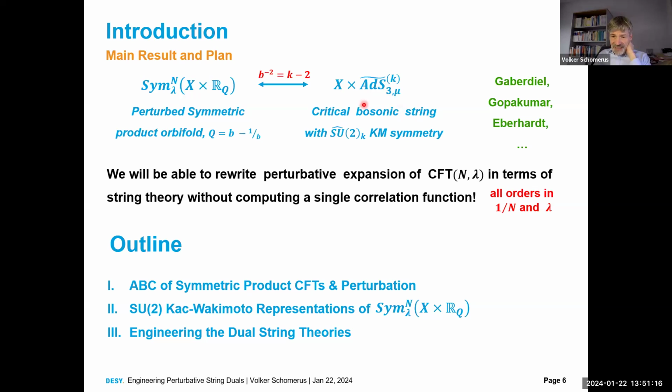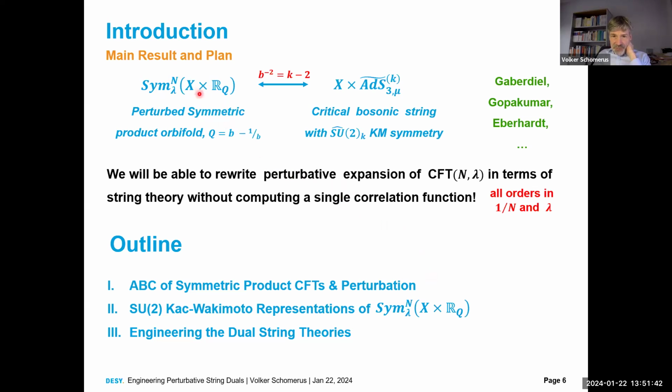That means an exact bosonic string theory, c equals 26 theory with interaction. And I will do this in a way that it's guaranteed to reproduce order by order in the coupling and order by order in 1 over n, the correlation functions of the CFT. So I want to stress this very much.